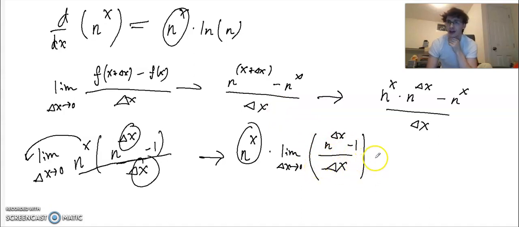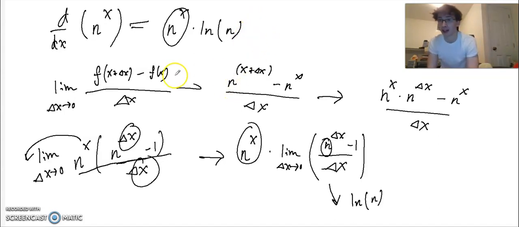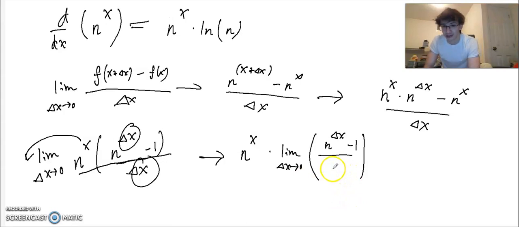I do know that this right here simplifies to ln of that base n, but I don't know why. There's probably a video on it, maybe by Khan Academy, that's way better than me. But gonna have to take my word for it, I guess.